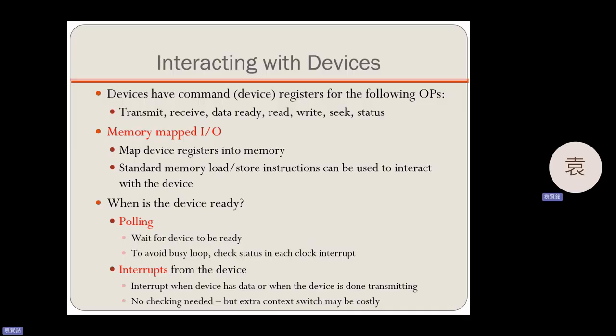But because an interrupt may trigger an actual context switch, and the context switch may be costly, it depends on whether, after the interrupt, the operating system will generate an actual context switch or not.